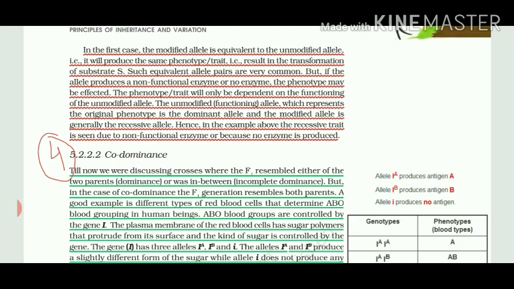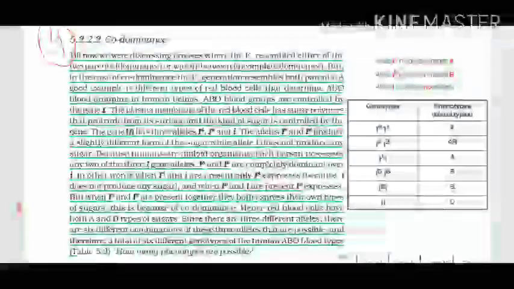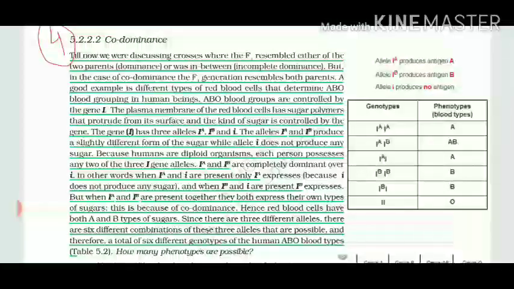Now what is the meaning of codominance? If the genotype is capital IA, capital IA, the blood group will be A. Second, if the combination is capital IB, capital IB, the blood group will be B. But if they are combined with each other, they show neither A nor B blood group, but a different blood group, AB.